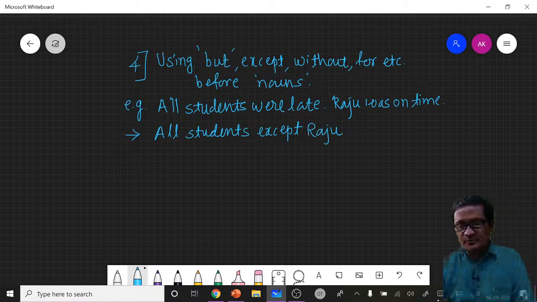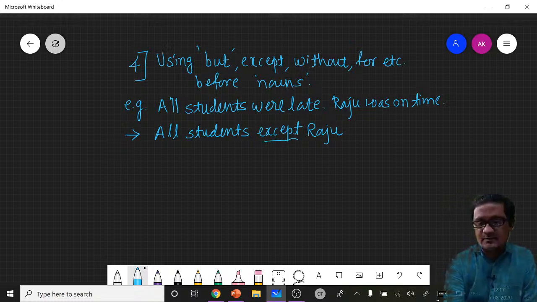What is the proper noun here? Raju. Before noun, it means except comes before this noun Raju. All students except Raju were. Should I write on time? No. We should write were late.